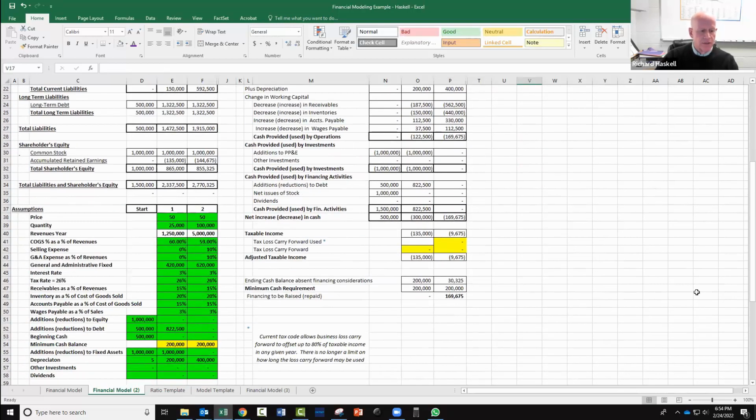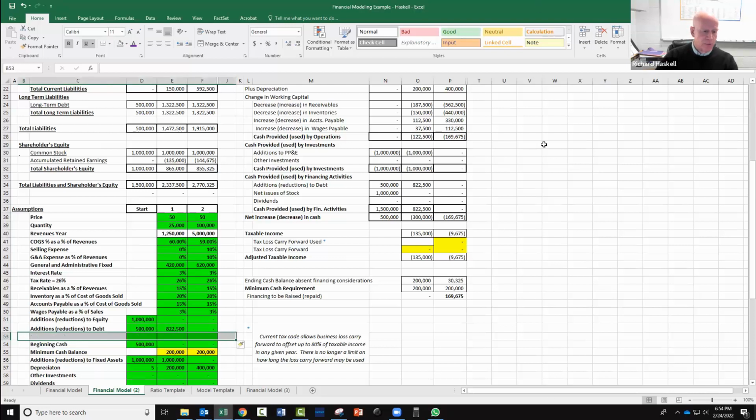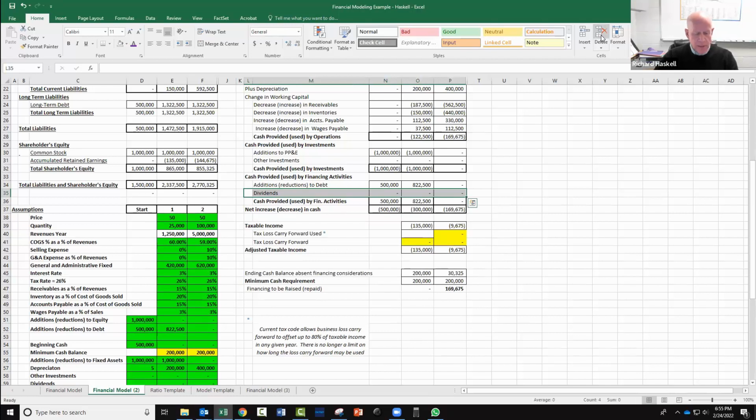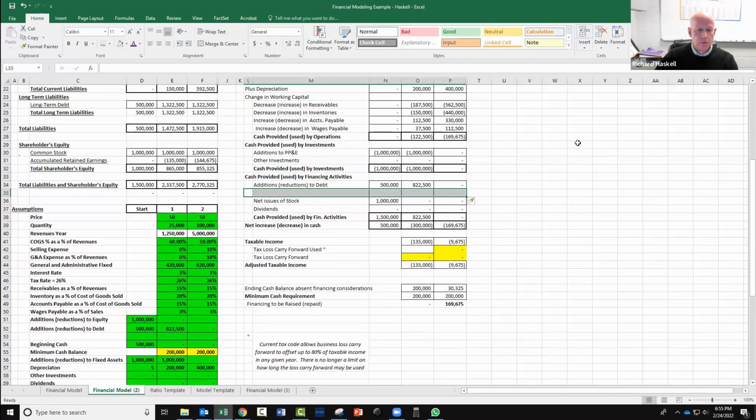So let's suppose that we're going to increase the number of options we have on our assumptions table. And I'm going to add some space so that I can put in a credit line. I'm going to do the same thing over here in my cash flow forecast.